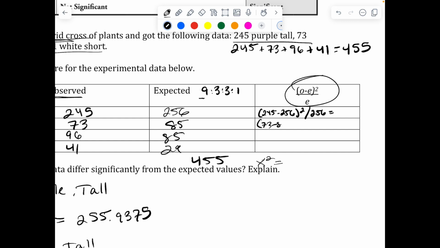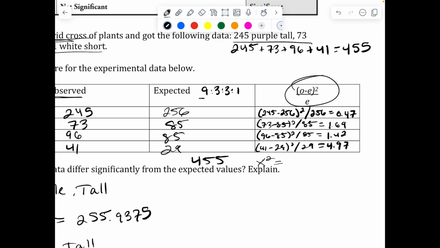And I do this all the way down here. And 41, change it to 29, equals. And I plug that into my calculator and I do all the math.